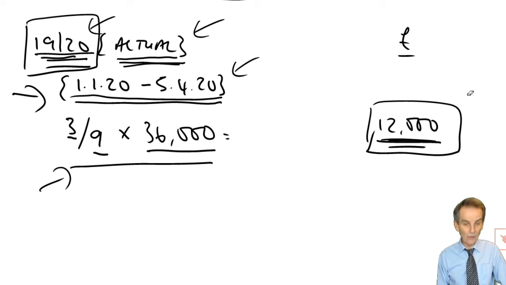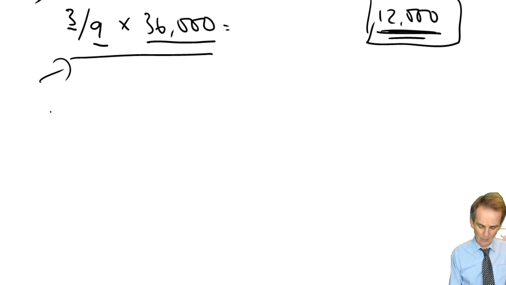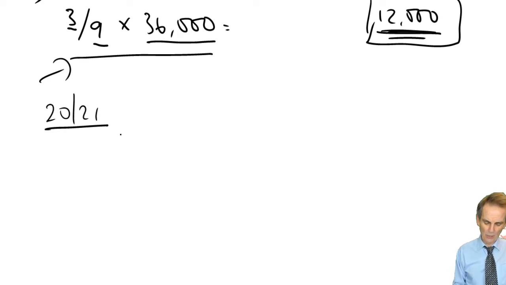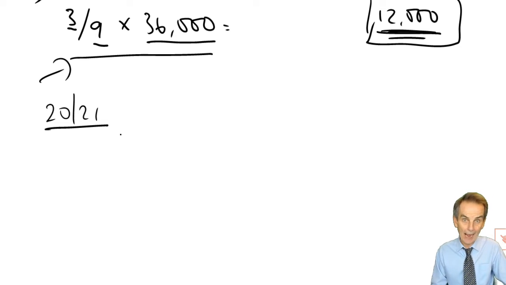But if we have to do the whole exercise, having dealt with the first year, 1920, we now know that the second tax year will be 2021. And this is where life gets more interesting, shall we say. What basis of assessment do we use? If needs be, go back to the notes you have in front of you.